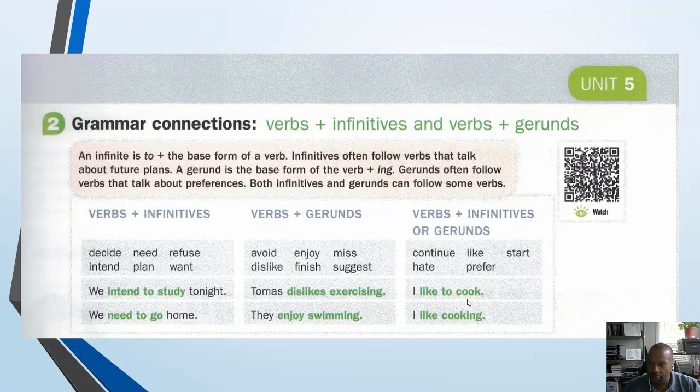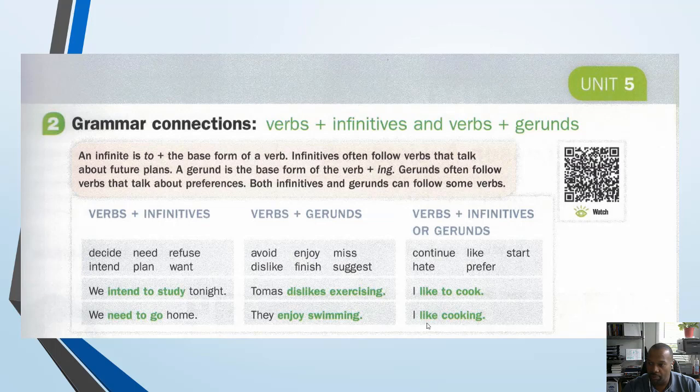I like to cook, right? So here, to cook would be our infinitive. Like is a preference, so we just have to be careful. Like is something that we can use with gerunds too. So here we have I like cooking.